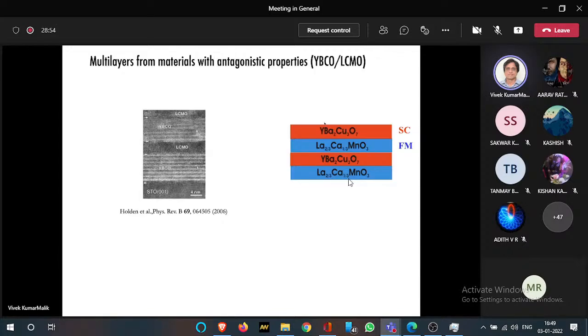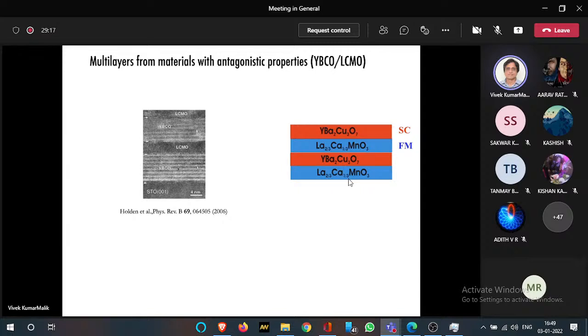So this is possible, as you can see from this transmission electron microscopy picture. This is a substrate, called STO, which has a similar lattice parameter to YBCO or LCMO. YBCO is the superconductor, and LCMO is the manganite material. So you can see the unit cells of the YBCO.